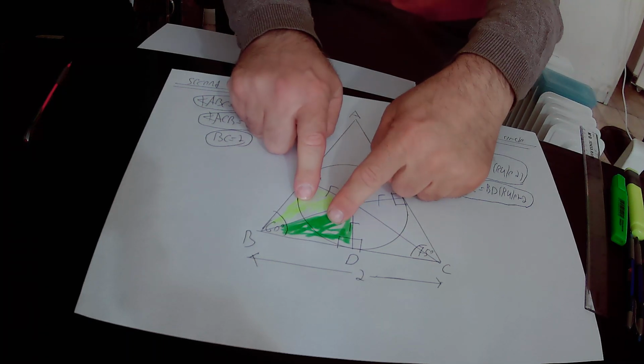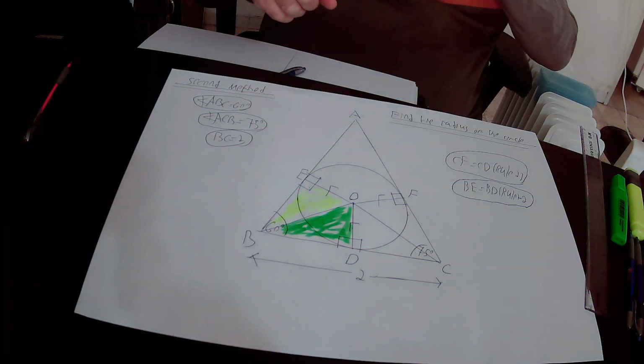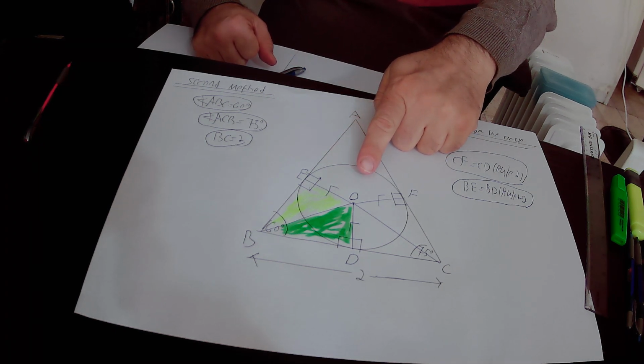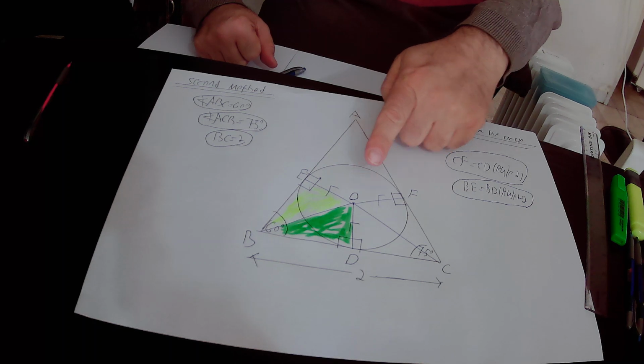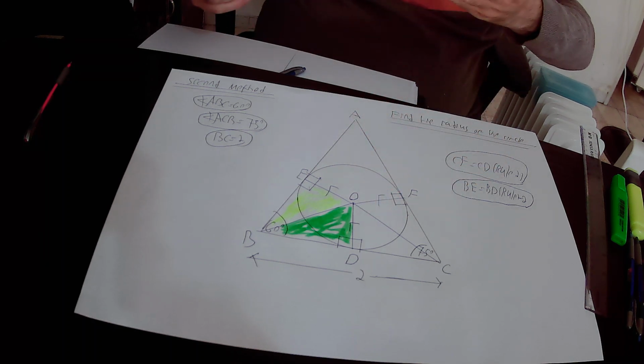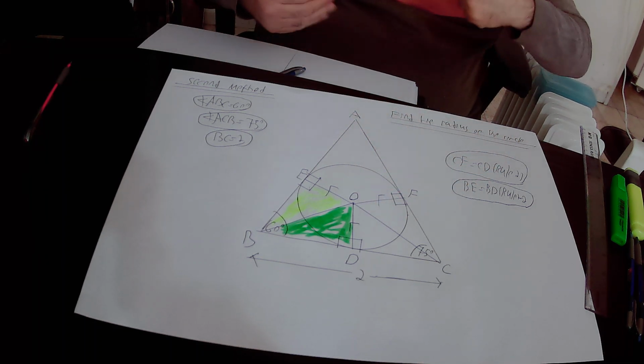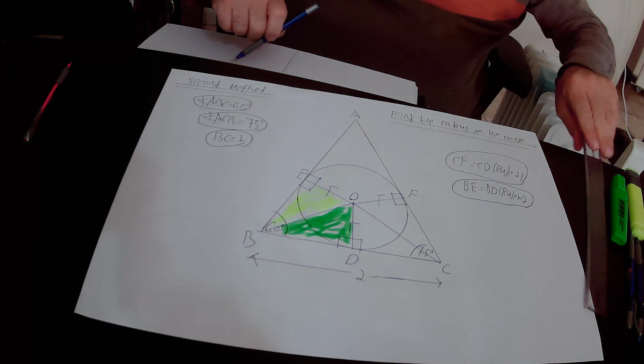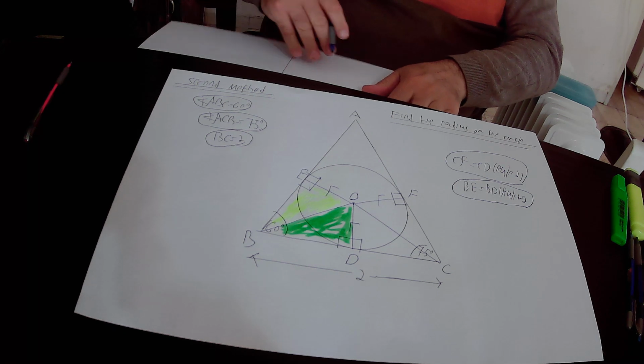So how can those two right triangles go into each other? First of all, side EO of the yellow triangle equals side OD of the green triangle. They are both the radii of the circle, therefore they are equal to each other. They are equal to R. So I write it down.